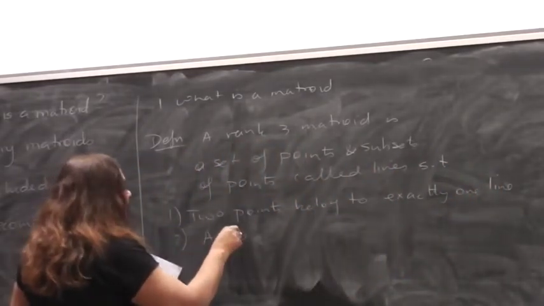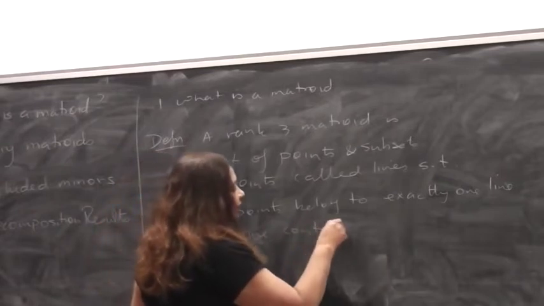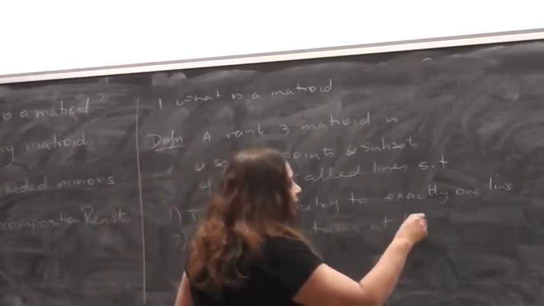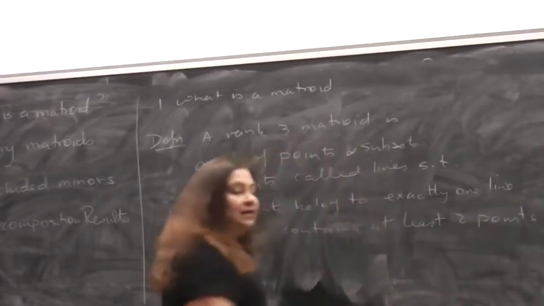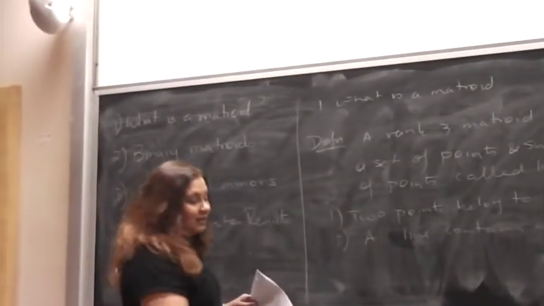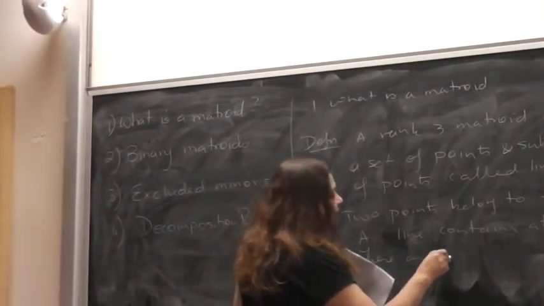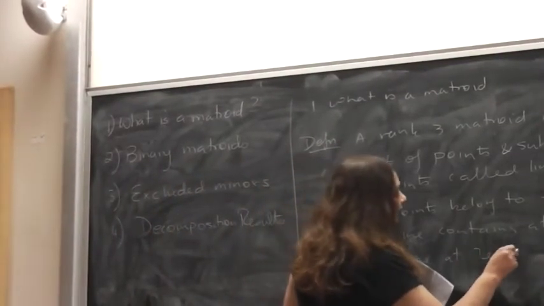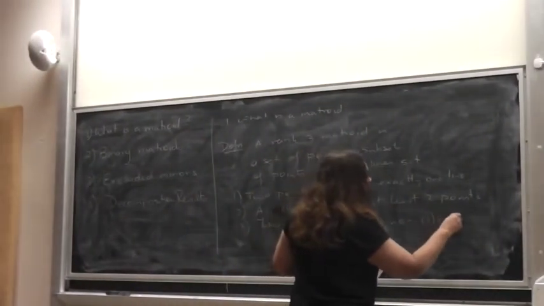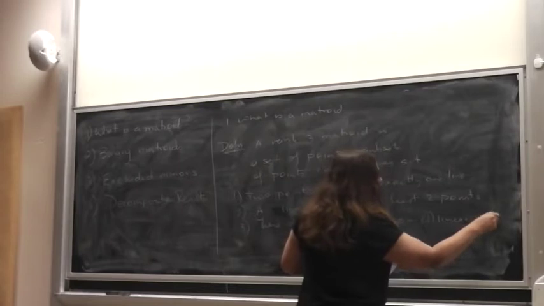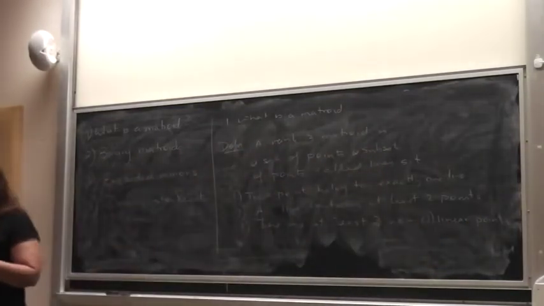A line contains at least 2 points. And a condition to make things non-trivial: there are at least 3 non-collinear points. To make it rank 3, points on a plane.